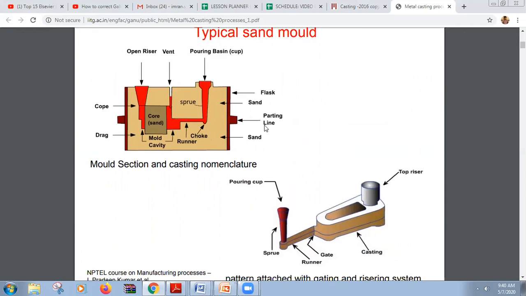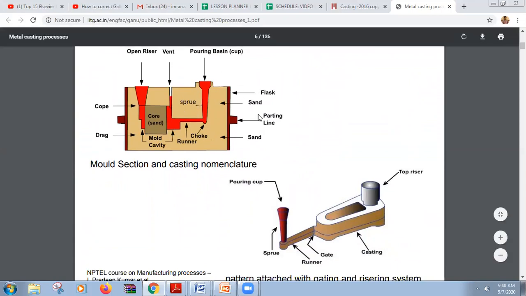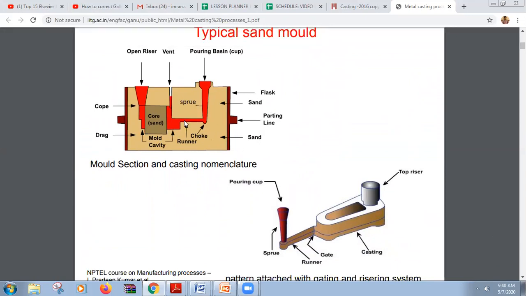So this is the schematic that we'll discuss today. This is the typical sand mold. Mold is the cavity or the device in which we have to put the molten metal. So we'll start from scratch, and we'll see we have a molding flask. First of all, we take a molding flask.